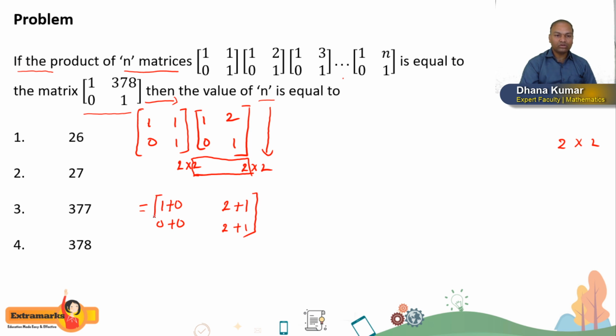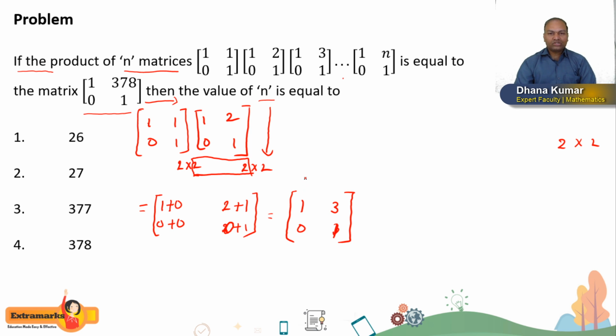So the answer is 1, 2 plus 1 is 3, 0, 1. So the answer is 1 3 0 1.